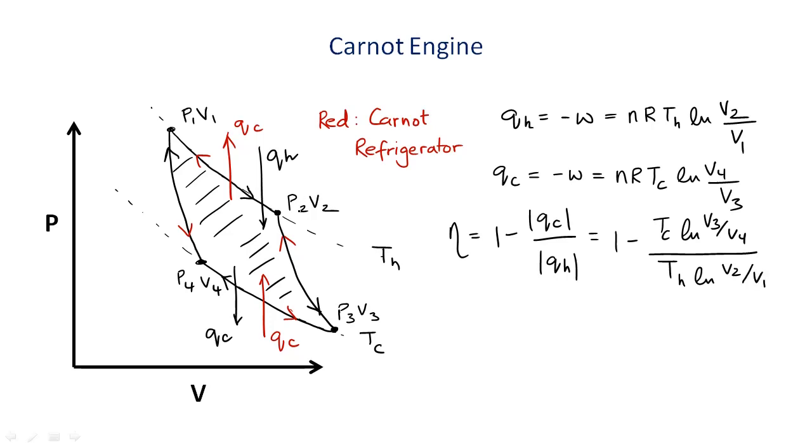Now we recall the idea that in an adiabatic process, the volume and temperatures at the initial and final points are related. In particular, for a monoatomic ideal gas, we have V2 Th to the power of 3 by 2, which is the volume and temperature at this point here, is related to the volume and temperature at this point like this. This is equal to V3 Tc to the power of 3 by 2.